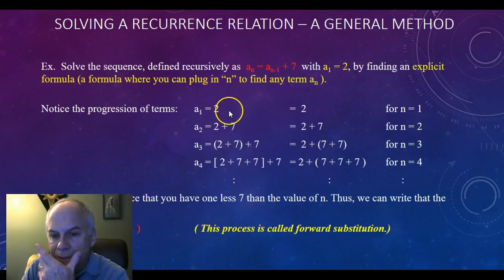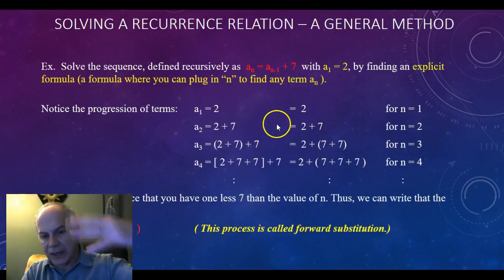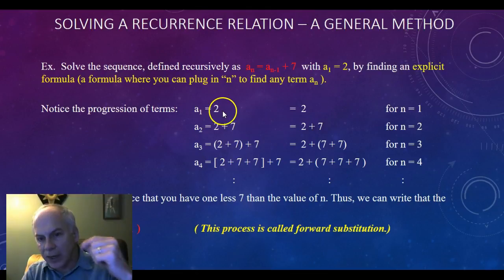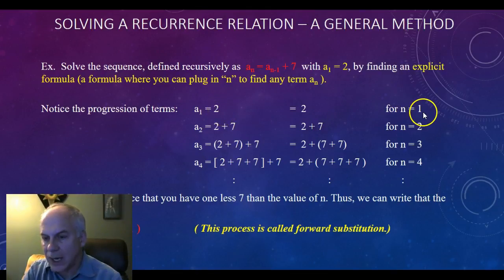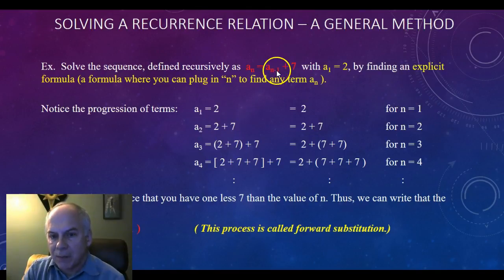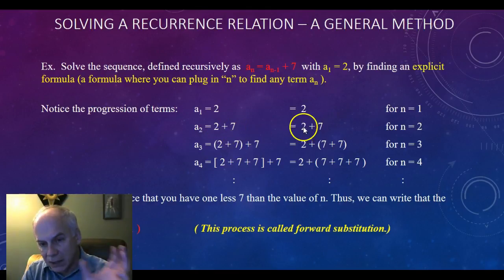So you might start looking at the terms. We know that a sub 1 is 2. So that's when n is 1. If I plug 2 in here, so a sub 2 minus 1, or in other words, a sub 1 plus 7, well, a sub 1 was 2, plus 7 gives us that expression 2 plus 7 for a sub 2.